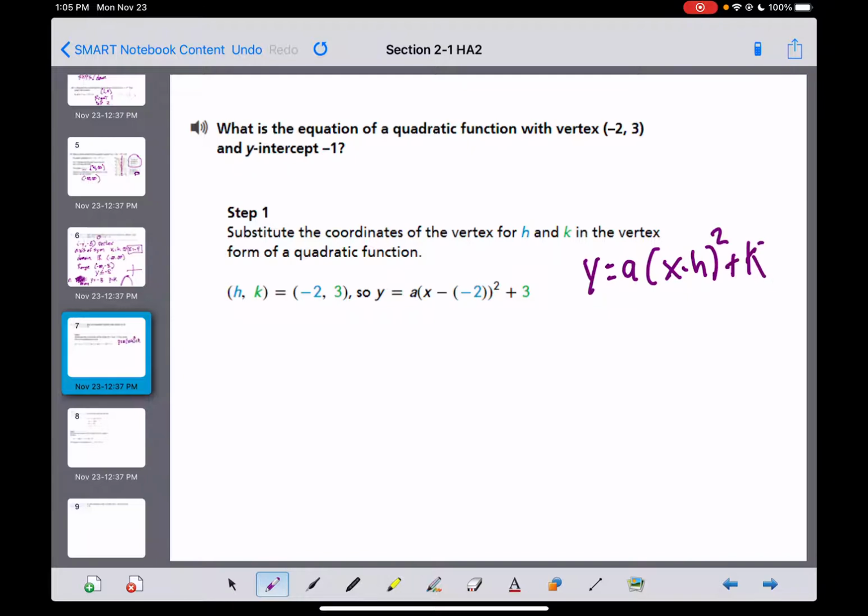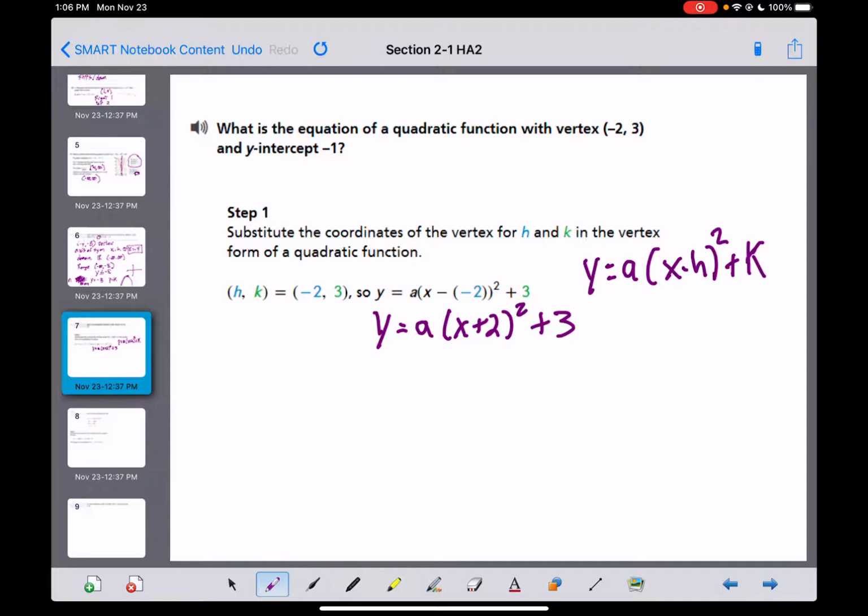I'm going to take my vertex and substitute those points in. In other words, I'm rewriting it as y is equal to a, and they've got -2, so this is going to be x plus 2 squared plus 3. Okay, so that's your step one. You're going to substitute in there.